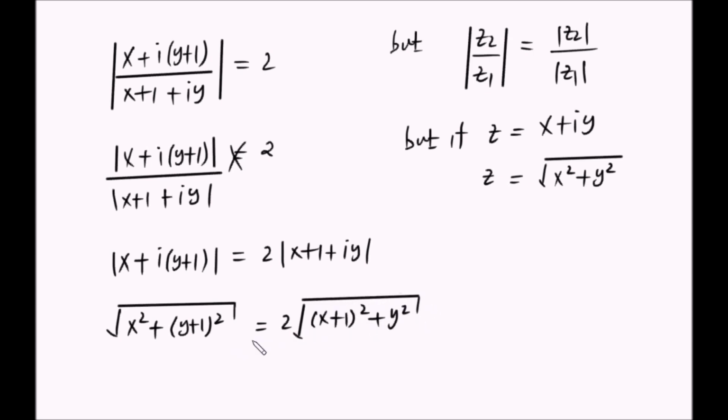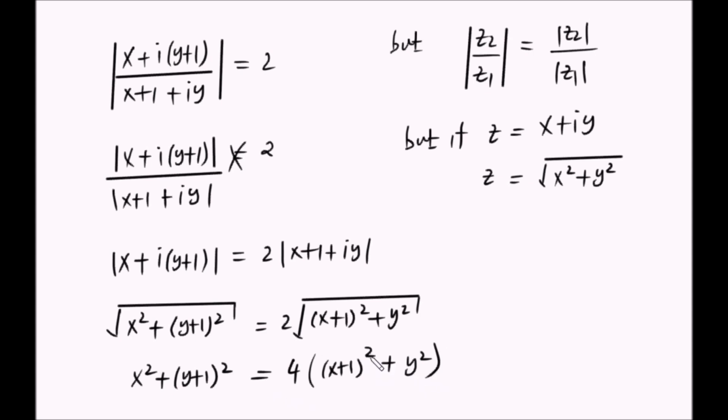So in order to solve this now, I'm going to square both sides. On this side I get x squared plus y plus 1 squared. It's going to be equal to 2 squared, which is 4, then the square root goes. So it's 4 times x plus 1 squared plus y squared.